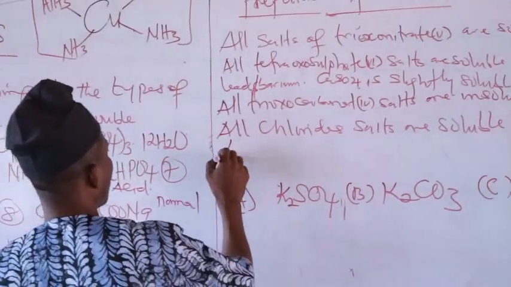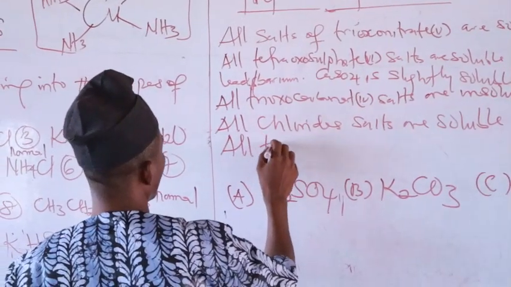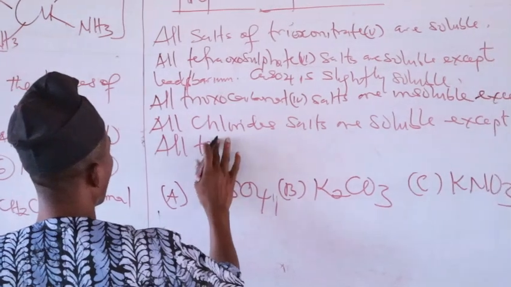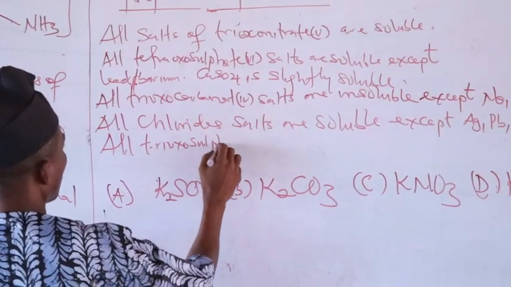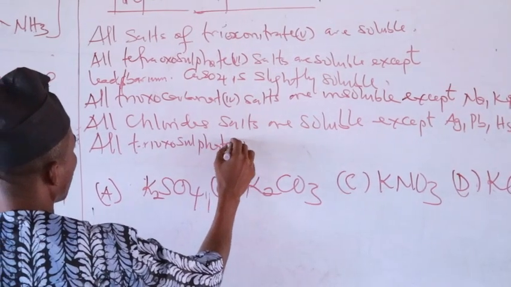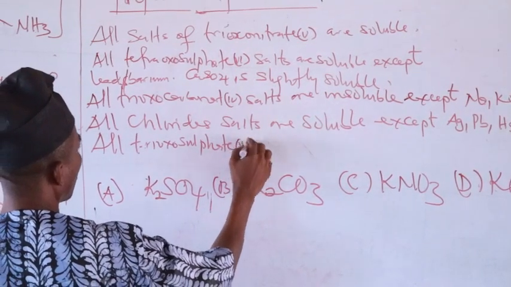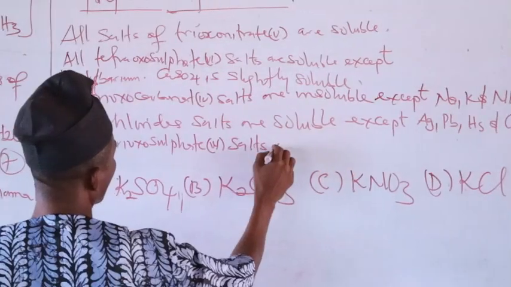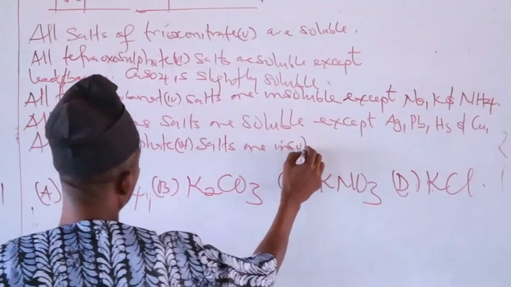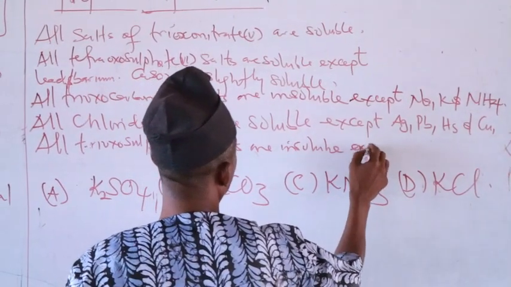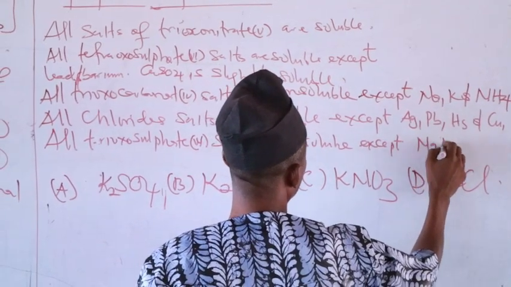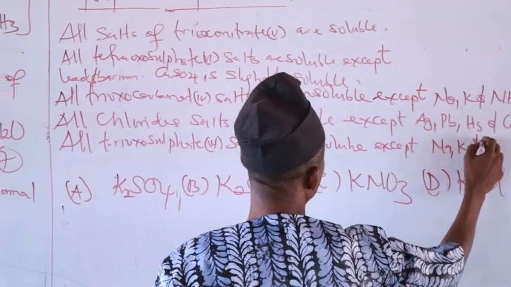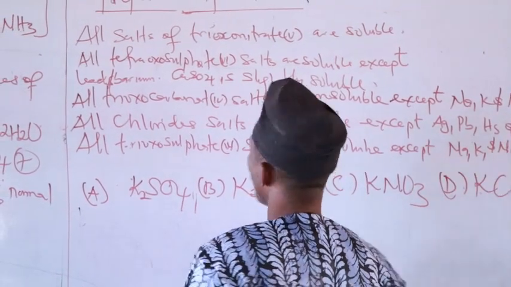All trioxocarbonate 4 salts are insoluble, except those of potassium, sodium, and ammonium.